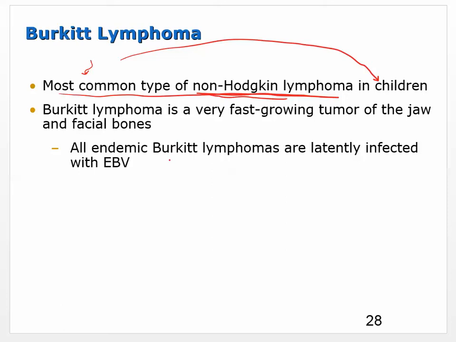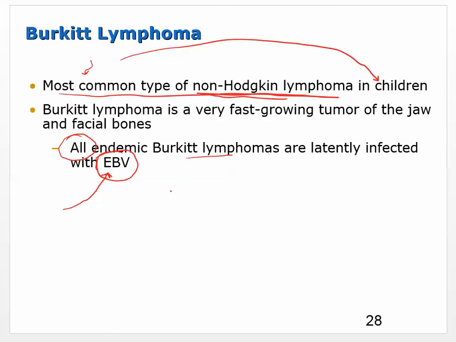Also, all endemic Burkitt lymphomas are latently infected with Epstein-Barr. Okay, so there's our Epstein-Barr coming back to us. Remember, we also saw that in mono, but in this case, somehow it is causing this infection of the Burkitt lymphoma. We assume it is.